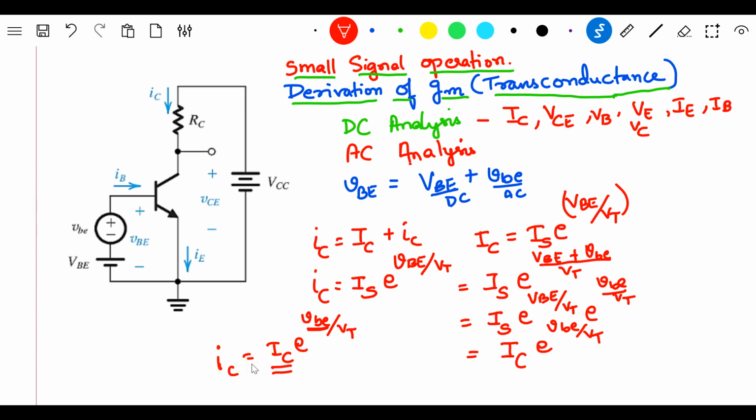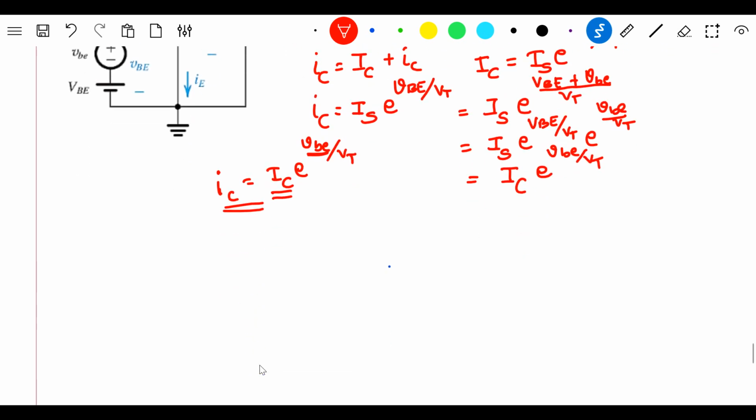Now, if I apply the Taylor series for this, what is the Taylor series? In mathematics, we have something called the Taylor series.